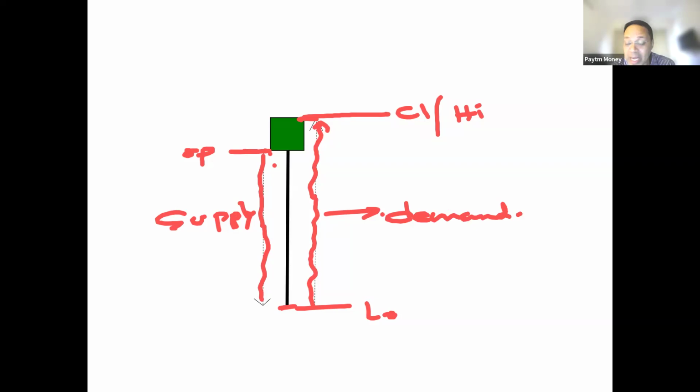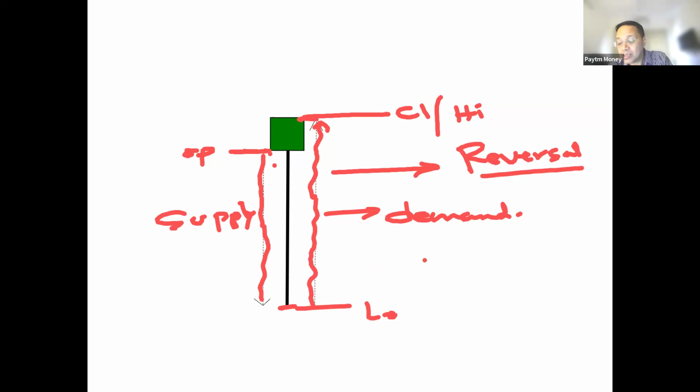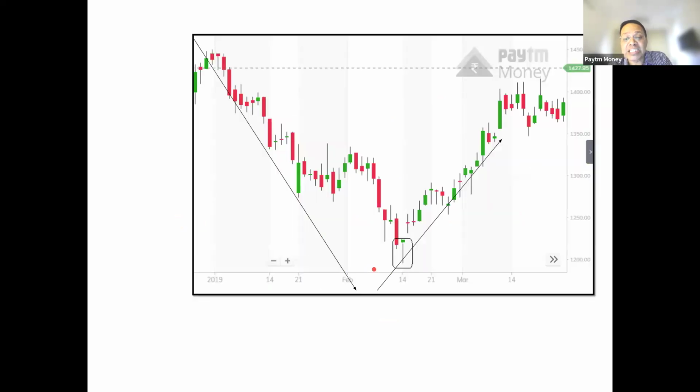Okay, cool, right? Now, this pattern, we call it a hammer. Now, remember, this is a reversal pattern. So when the pattern is formed after a downtrend, now see, price is coming down, price is coming down.